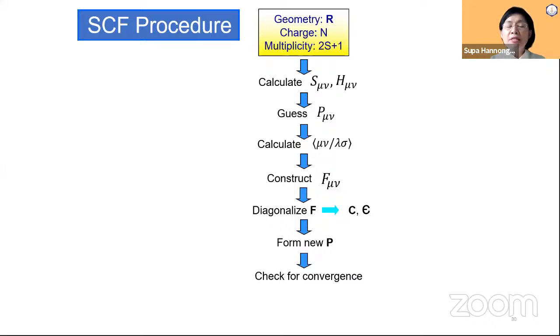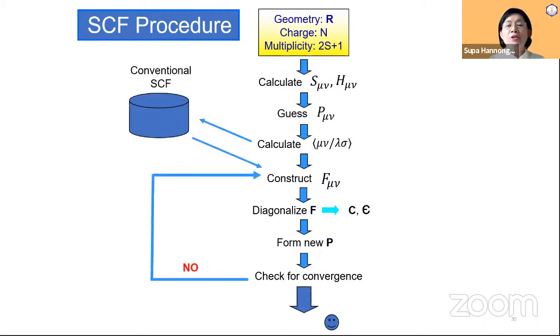For example, we need to get the energy change of 0.0001 or something, right? If it reaches that criteria, then we can stop. But if not, we have to come back to the construction of the Fock operator or Fock matrix again.